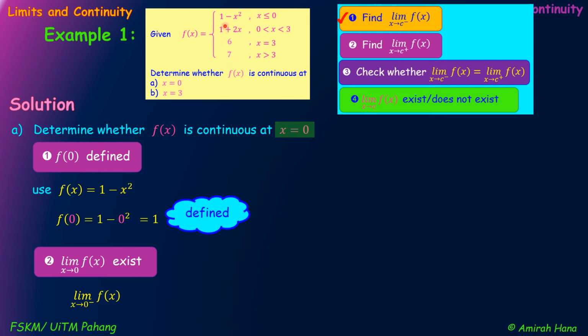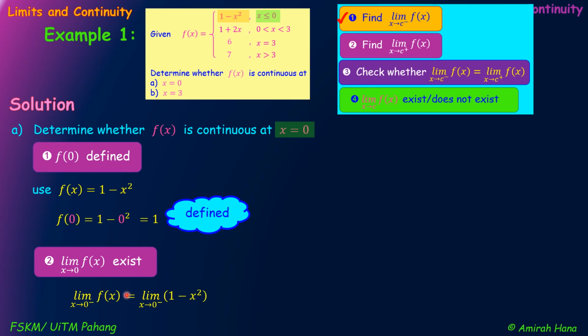So which f(x) should we use? In this case, we can refer to the given domain. From the domain, x less than or equal to 0 means 0 from the left. So to find the limit as x approaches 0 from the left of f(x), we use this f(x).